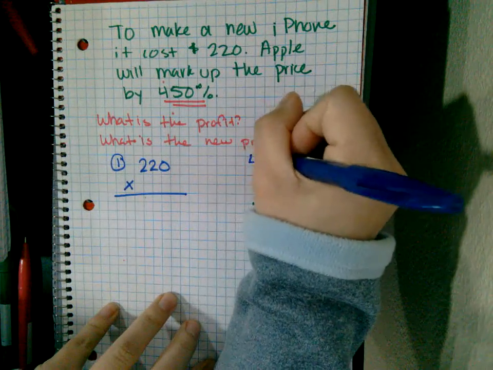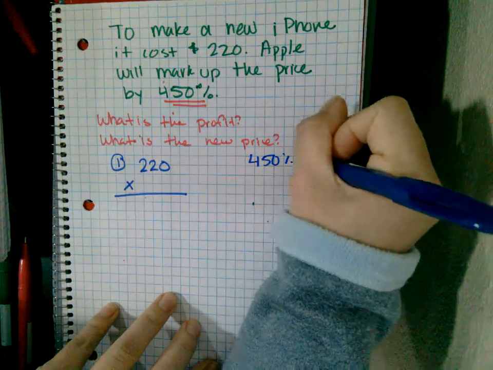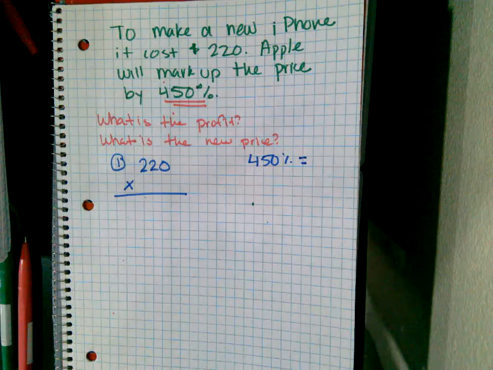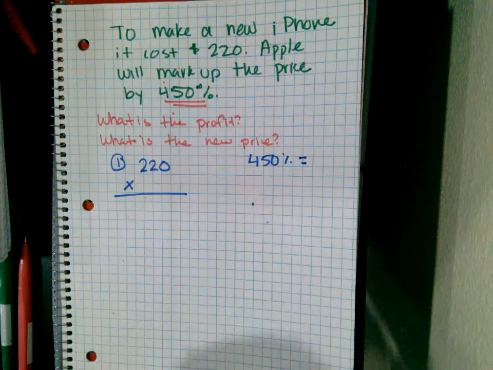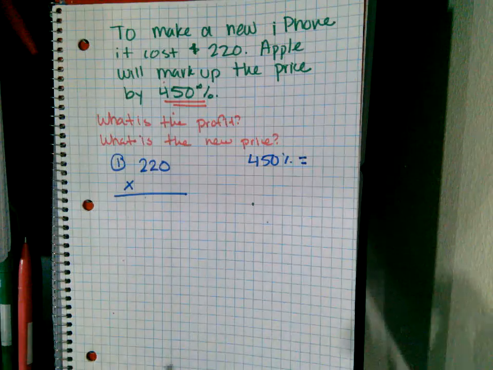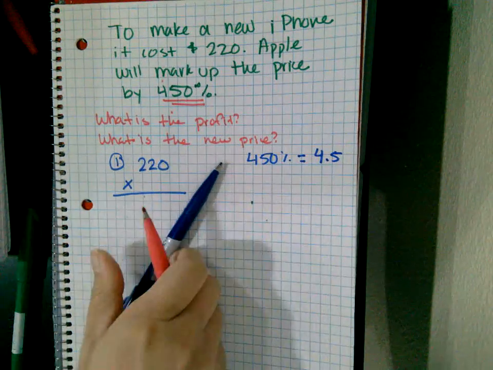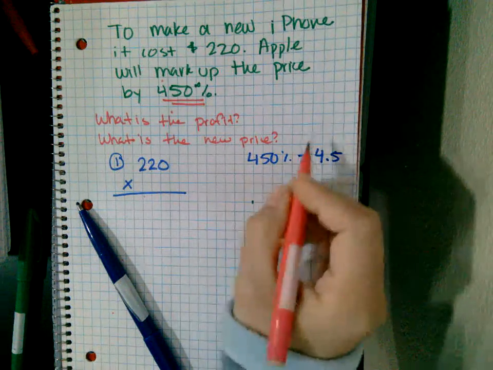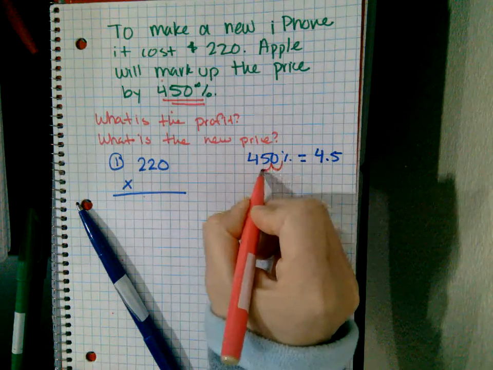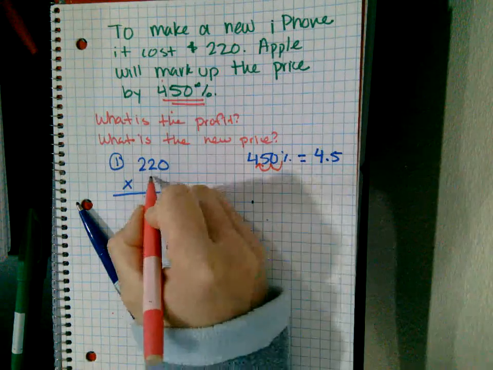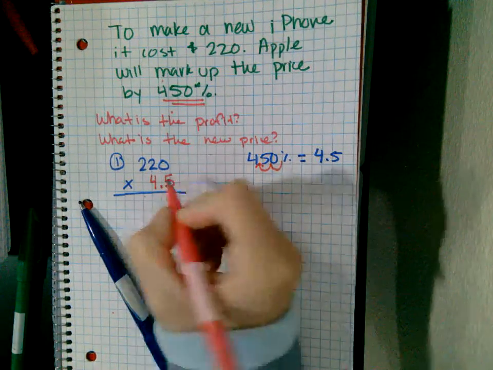Well, if I have 450%, who can tell me 450% is what decimal? 4.5. Yeah, very good, Emmanuel. 4.5. So even though we have three numbers, you're still going to move the decimal 2 times, just 2 times. So my decimal is 4.5.